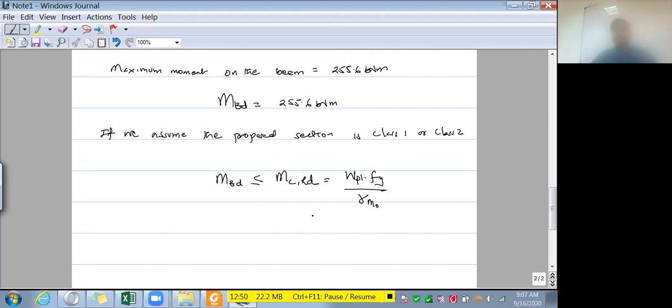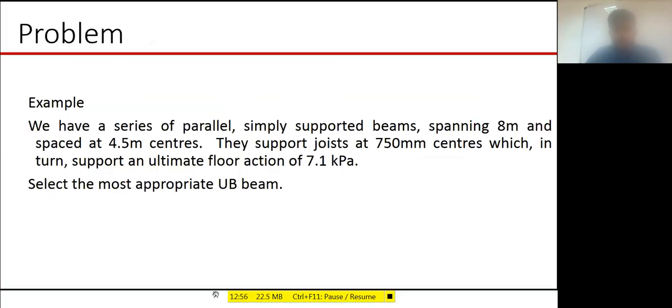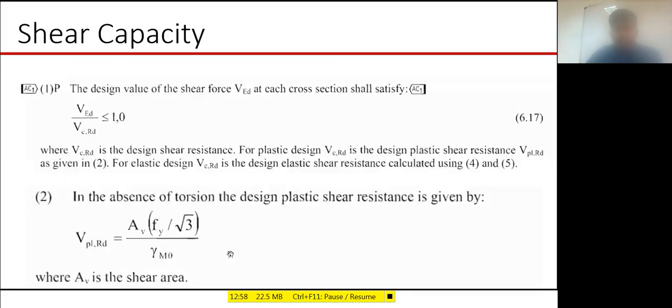Okay, so that is the equation we obtained from the code. WPL.